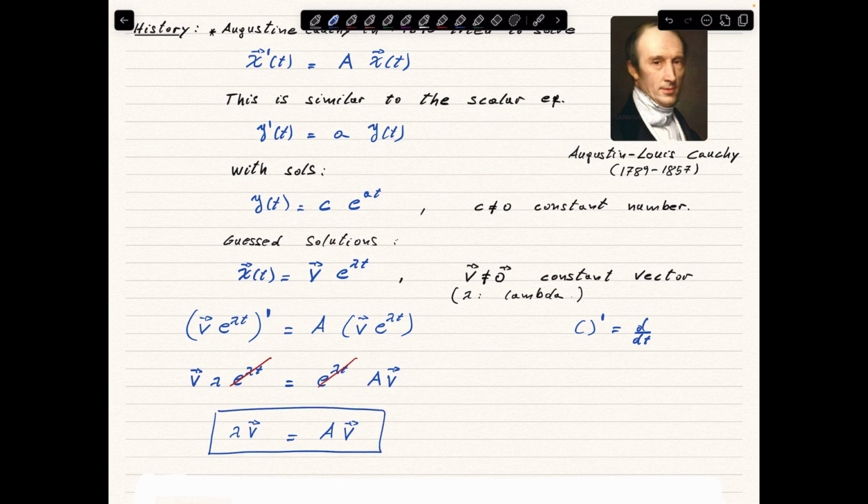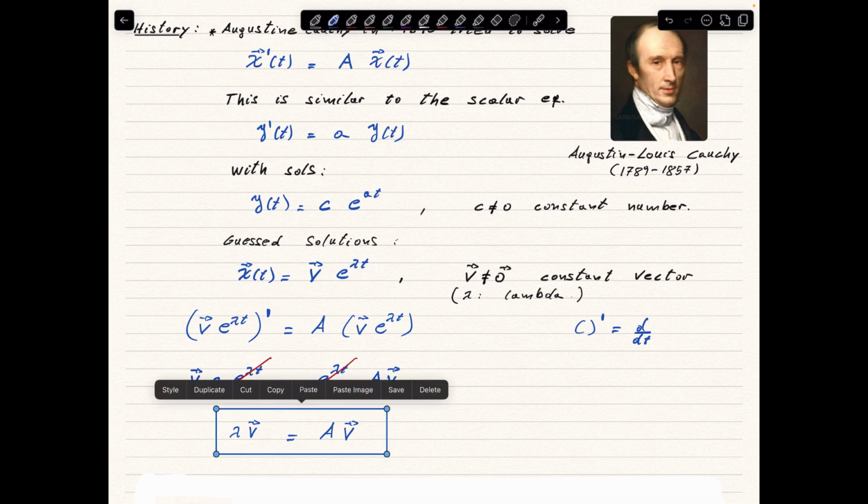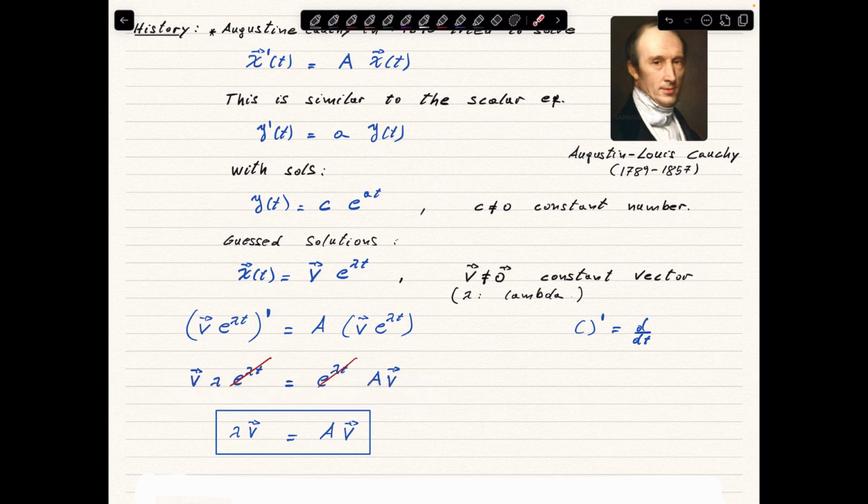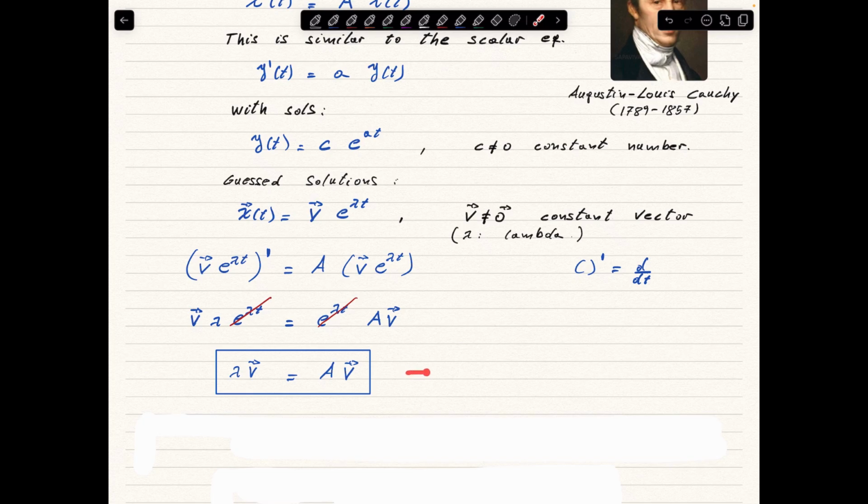So the proposed solution, this function here, is going to be a solution of the equation if and only if v and lambda satisfy this equation. We are going to see this pretty soon. This is the equation that defines the eigenvectors and eigenvalues of a matrix A.